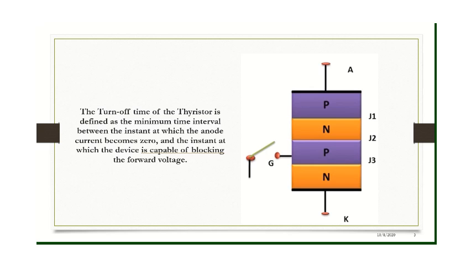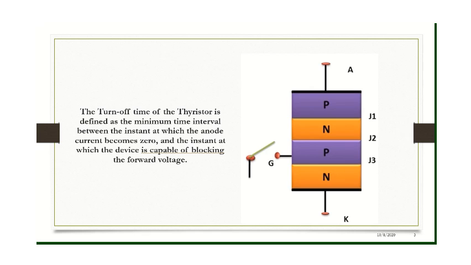So exactly the turn off time, now we can define it as the minimum time interval between the instant at which anode current becomes 0 and the instant at which the device is capable of blocking the forward voltage. All right. So what do we have to do to make the device block the forward voltage?